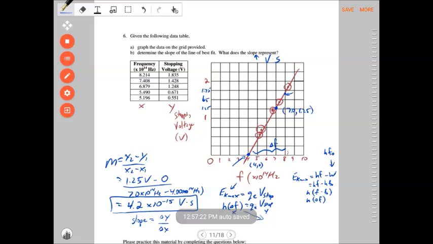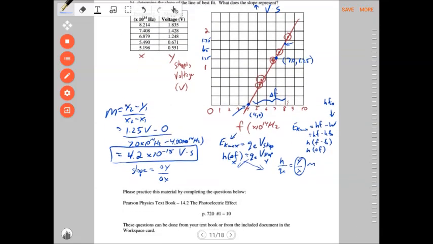Of course, we have to take that QE and divide over here. Watch what happens when I do that. I get H divided by QE, the charge on the electron, is equal to my y over my x. Really, guys, this y over x is just our slope.